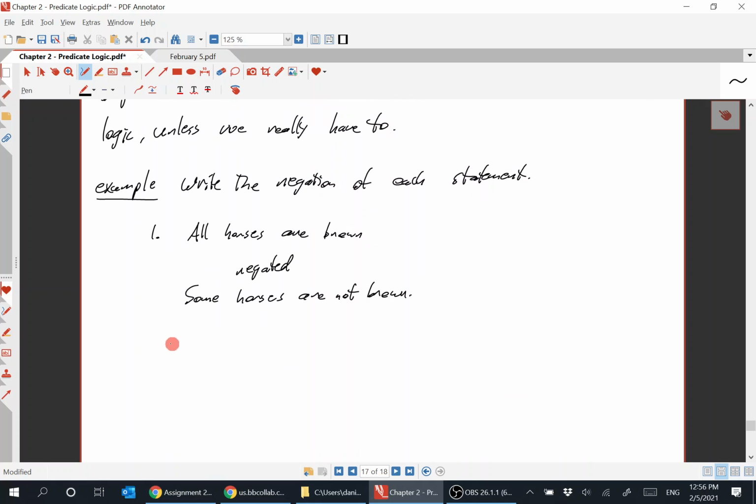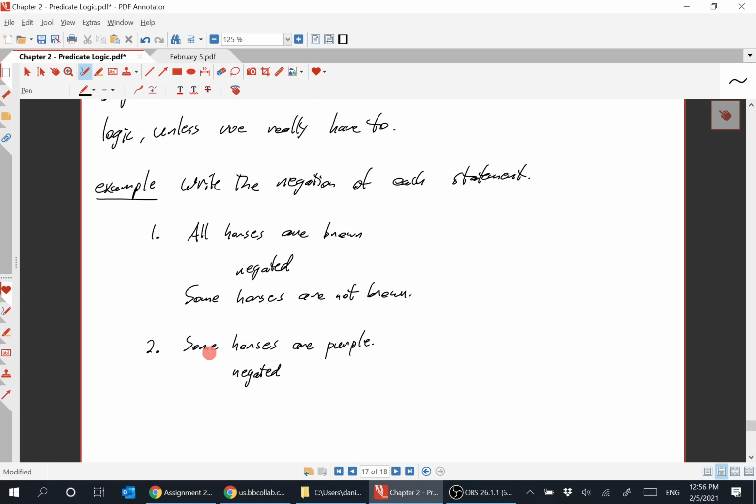Similarly, some horses are purple. So there is a horse that is purple. To say there is no horse that is purple means what?